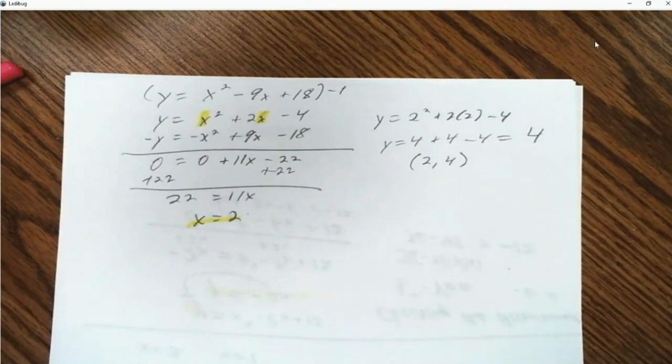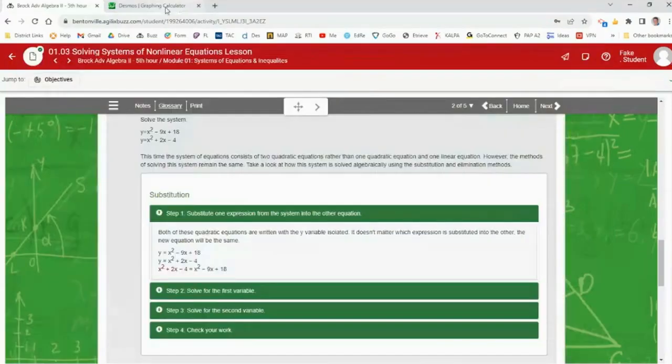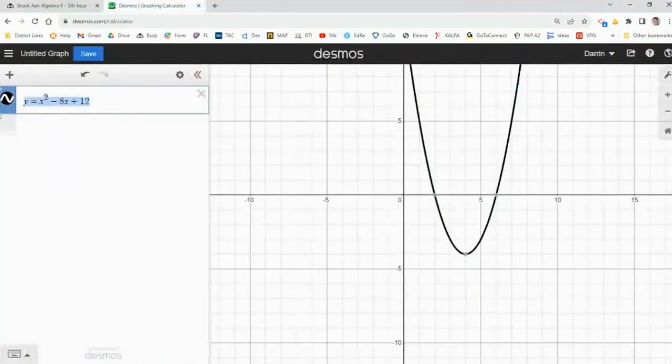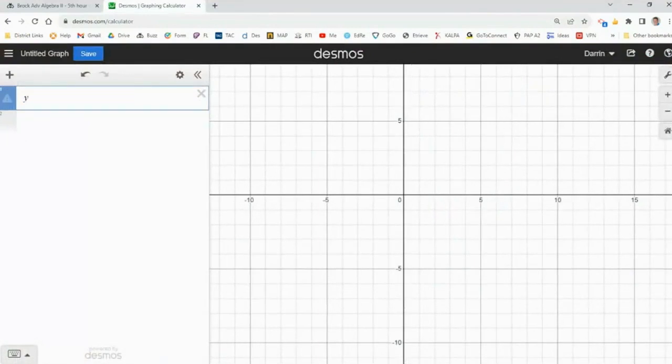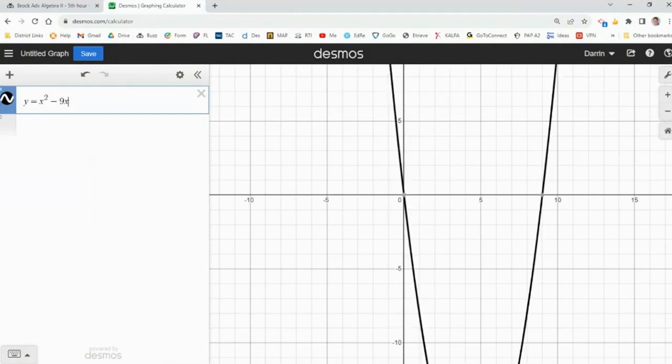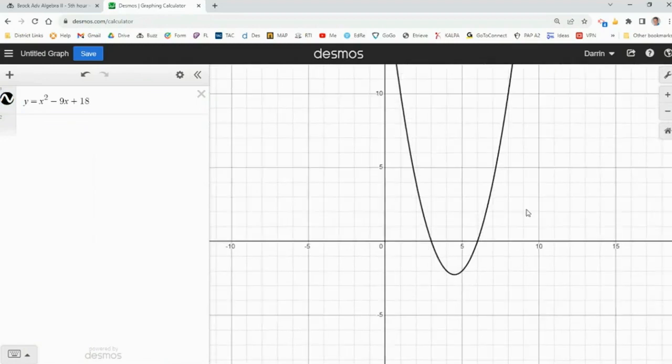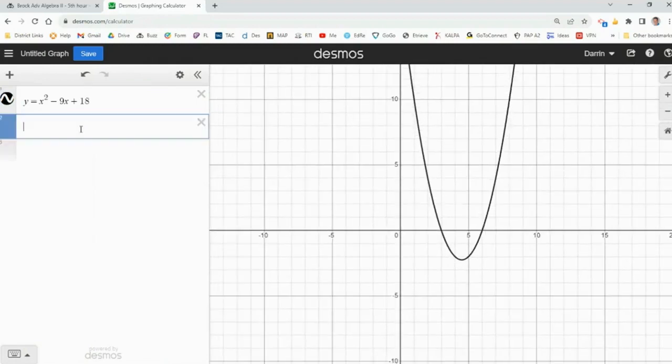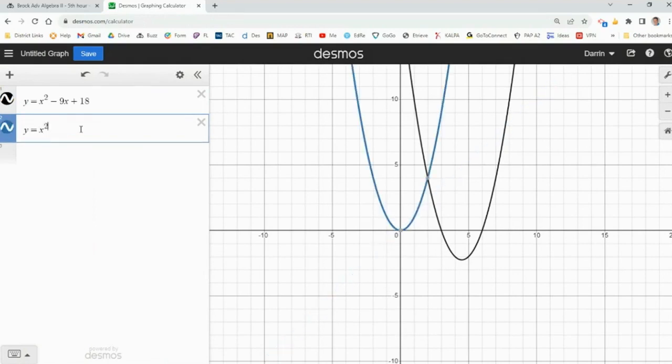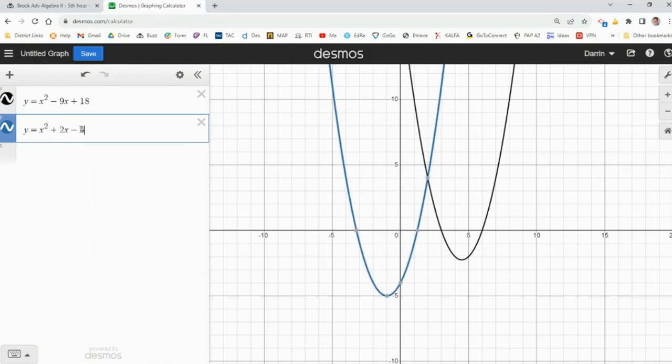So let's graph these 2 quadratic equations and see if that's what it actually ends up with. If not, we might have done something wrong, which, math is trial and error sometimes. Okay, this is one of our quadratic equations. Let's type in our other one. Y equals x squared plus 2x minus 4.